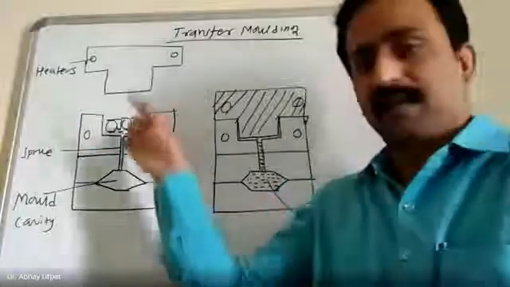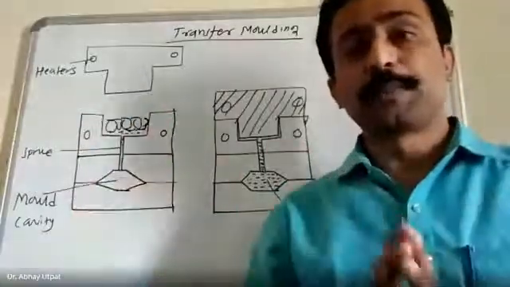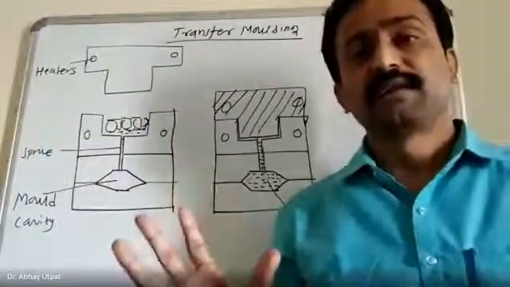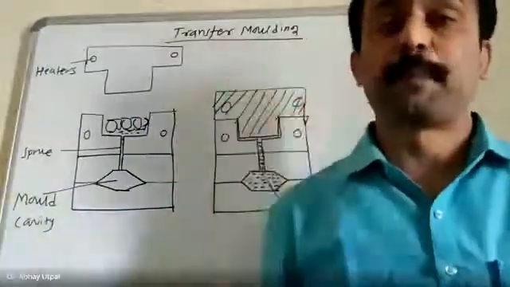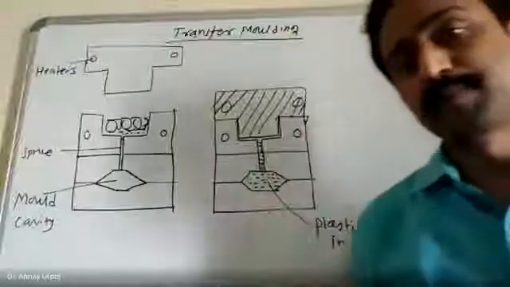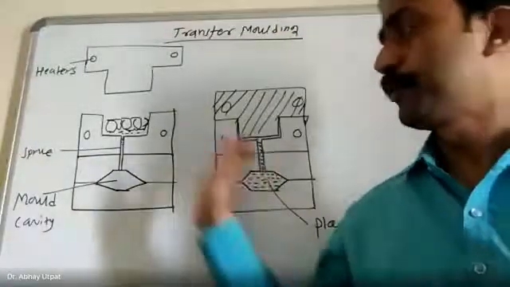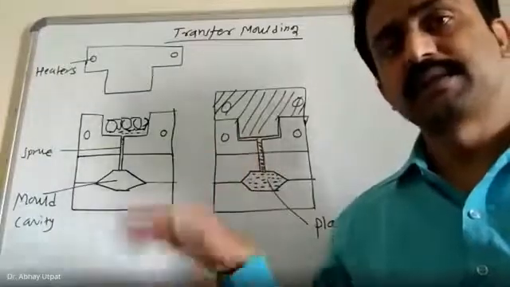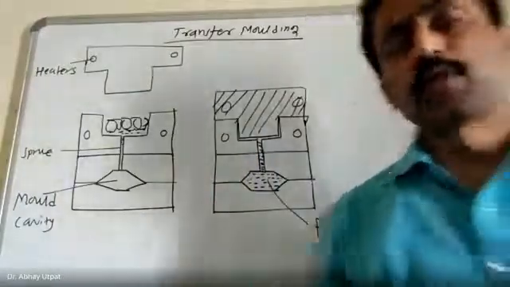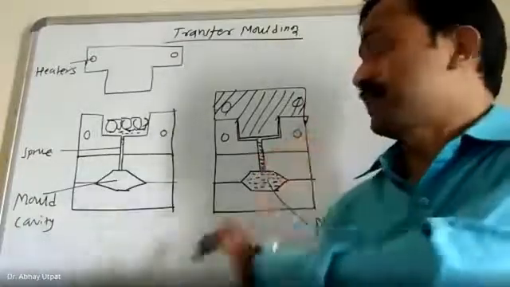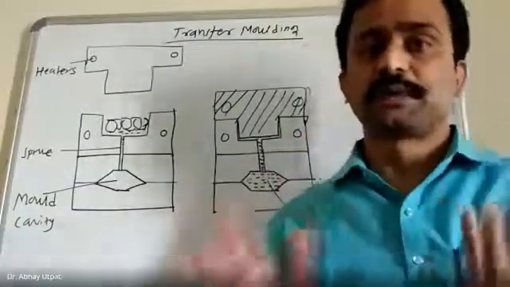Charge means this material. If you use the optimum amount of material for charging into the die, there will be minimum scrap, because once the scrap is more, it is very difficult to reprocess it. Of the two processes, transfer molding is a little more advantageous than compression molding. This is all about plastic molding processes for thermosets.